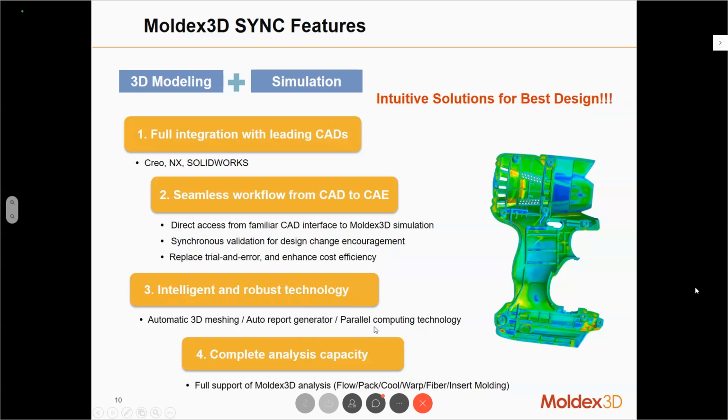So if you are using your laptop and you don't want to run the simulation on your laptop, you also can use parallel computing technology to connect another computer to run the analysis. In Moldex3d Sync, we also support full Moldex3d analysis like flow, pack, cool, warp.